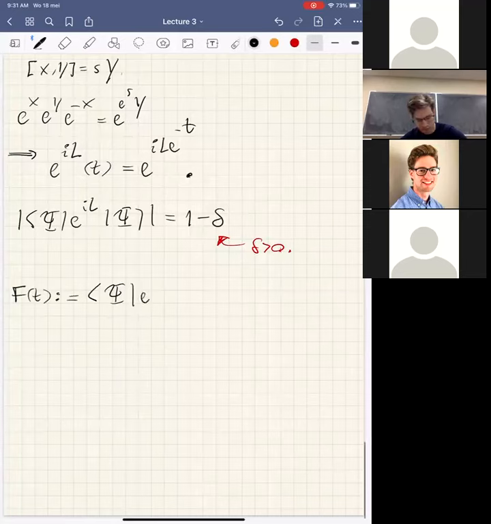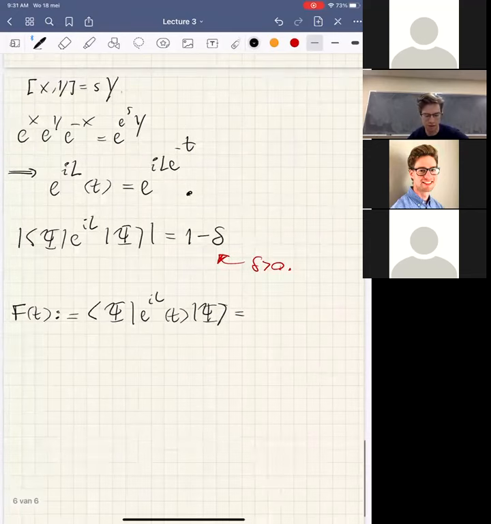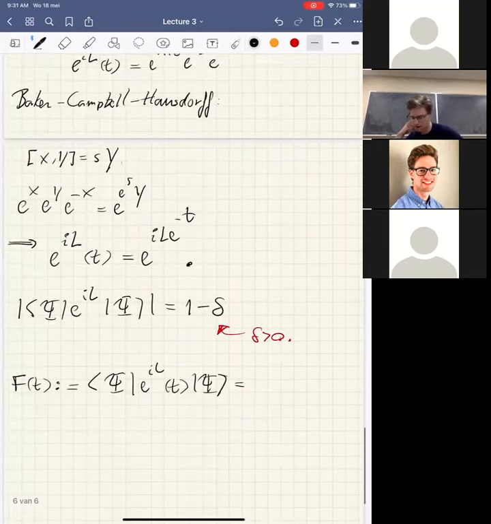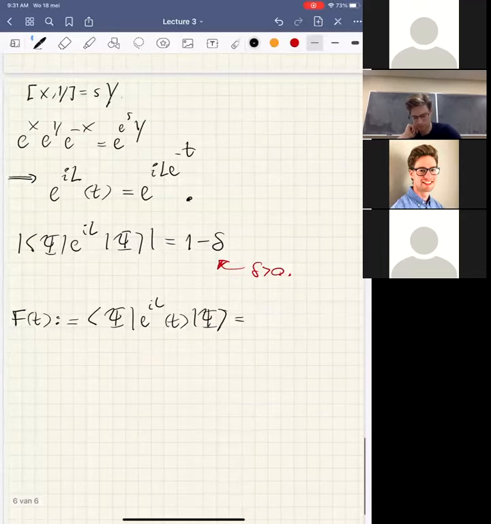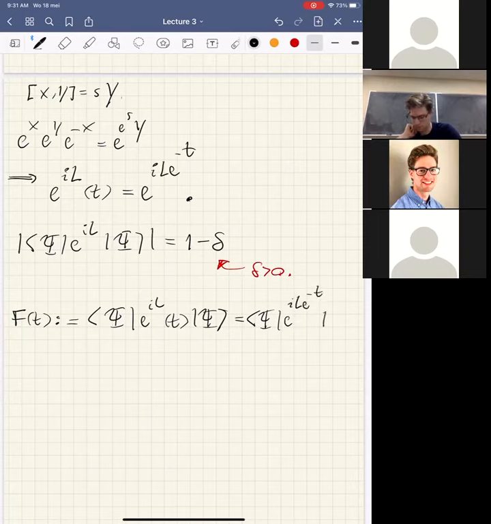Now what we do is compute the following. And then using our result from the Baker-Campbell-Hausdorff formula, we know that we can write it in the following way. Okay, so what does that now imply? We have two expectation values of interest.